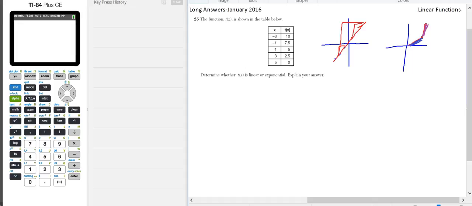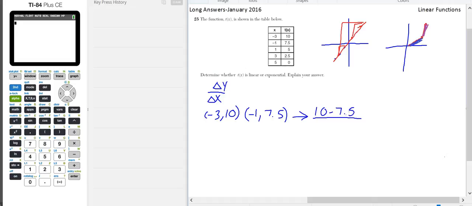The way we find slope is delta y over delta x, the change in the y values over the change in x values. So let's start with our first 2 points, -3, 10 and -1, 7.5. And let's look at delta y over delta x. The change in our y values is 10 minus 7.5.